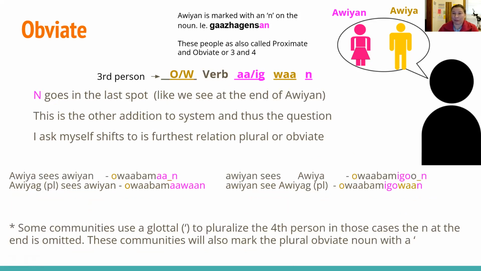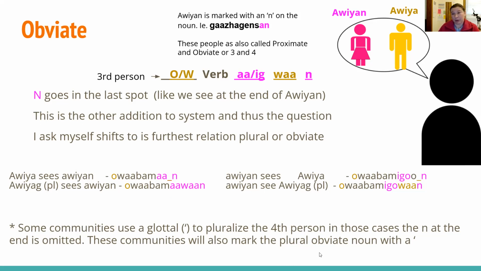And now we go to our final step, which is adding the N, like we saw at the end of Owian conjugation, to the end of our conjugation. And this is the one thing that is a bit different, is all the obviate conjugations do need something in the final spot. And so even if the wa was empty and the fourth person is singular, you still need that obviate marker so that we know what we're dealing with.